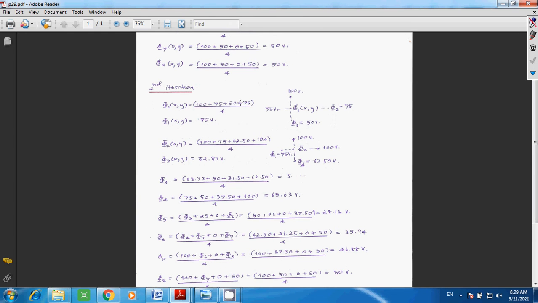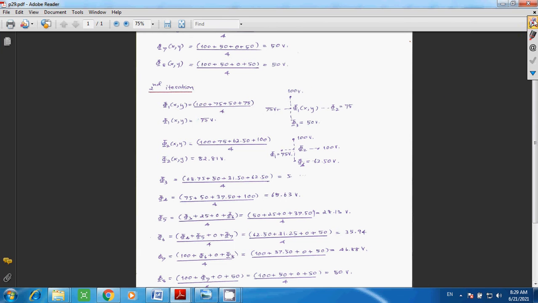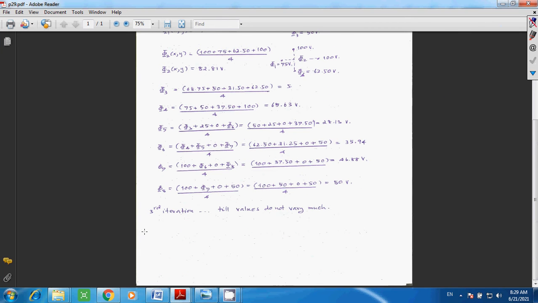Okay, so this is your phi2, sorry, phi3, phi3 and phi2, and you need to continue to do iteration until values do not vary much.